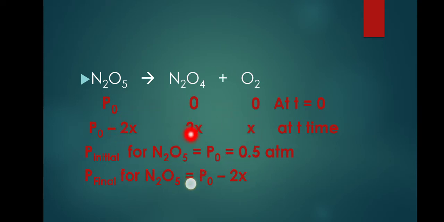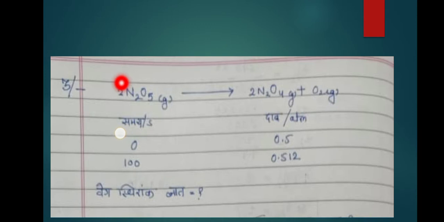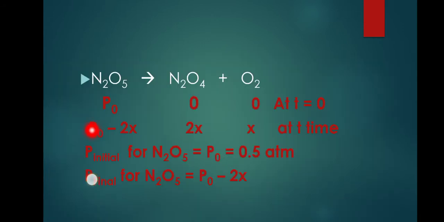The pressure of N2O5 becomes P0 minus 2x, the pressure of N2O4 is 2x, and the pressure of O2 is x. This is because 2 moles of N2O5 decompose into 2 moles of N2O4 and 1 mole of O2.